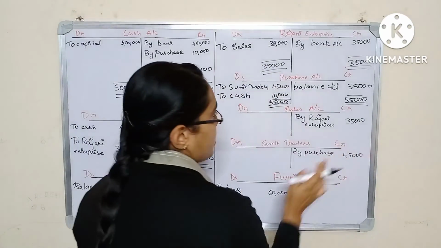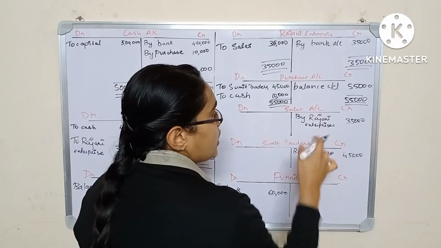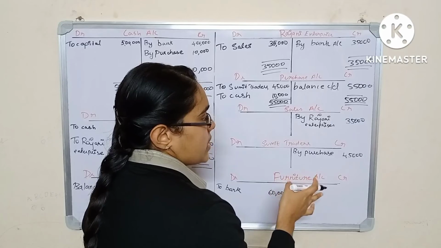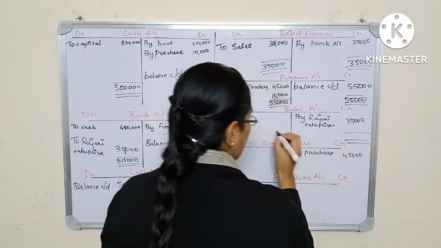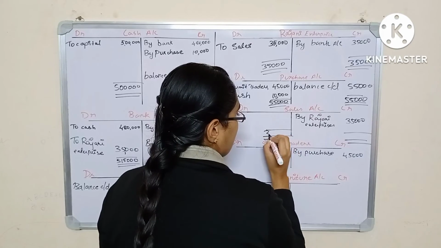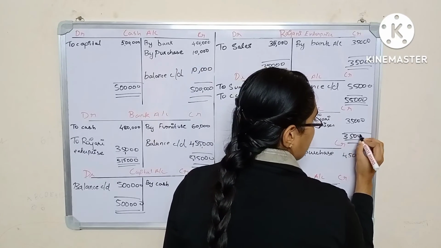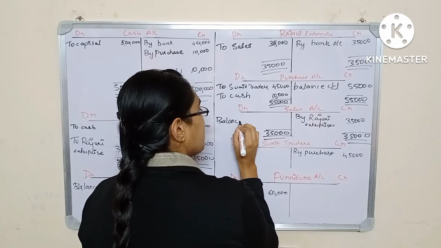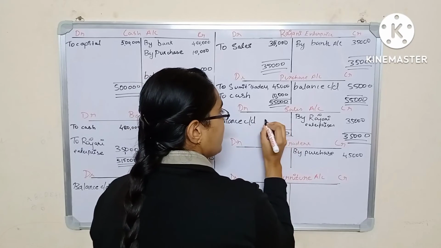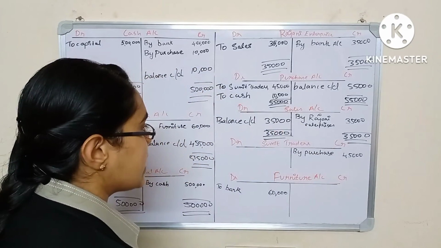Now let us look at the sales account. In the sales account also just one transaction is recorded, that you have sold goods to Rajani Enterprise. That is 35,000. Again you can directly close the account. What will be the balance carried down? Balance carried down will be 35,000 itself. Now that is the sales account.